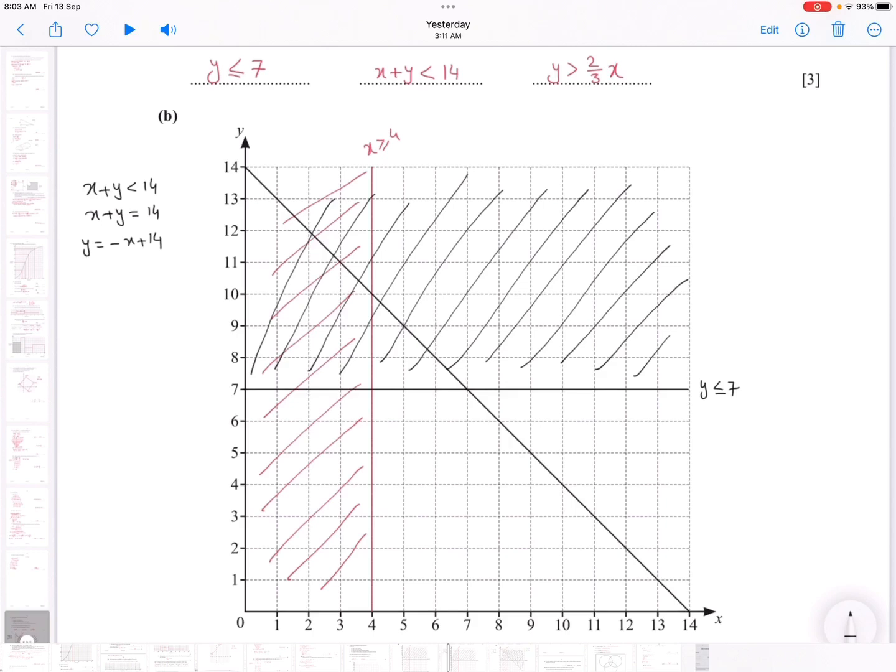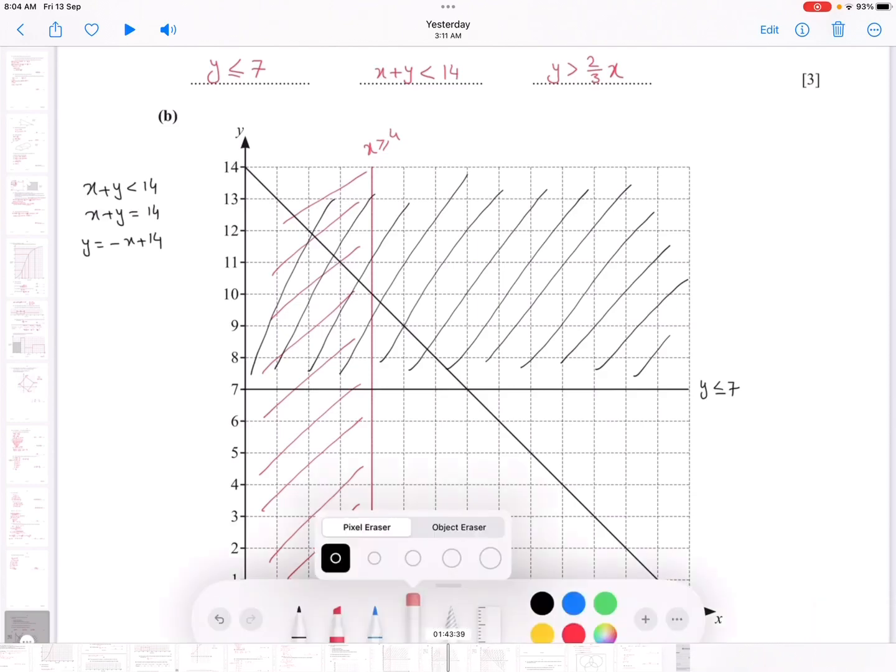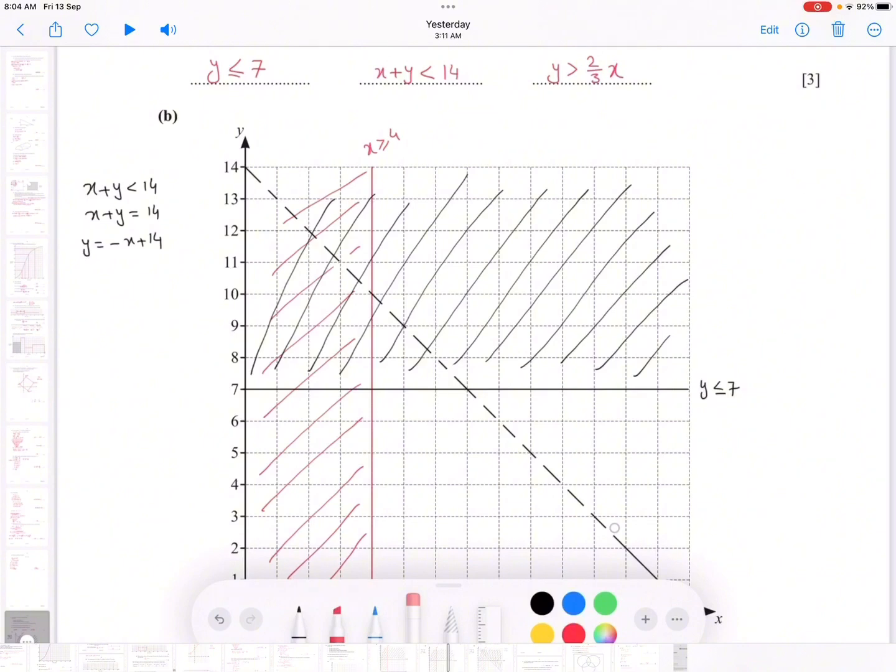Okay, now we need to know where is x plus y is less than 14. One more thing: because he said x plus y is less than 14, it should not be a solid line. It should be dotted because 14 is not included in the region. So make it a dotted line. And now the region less than.